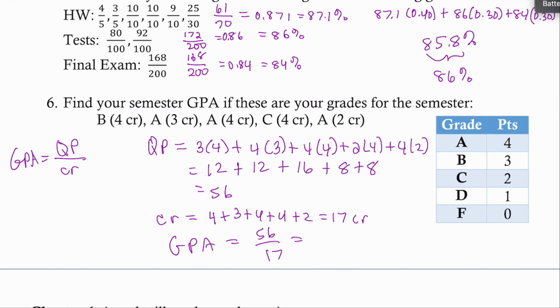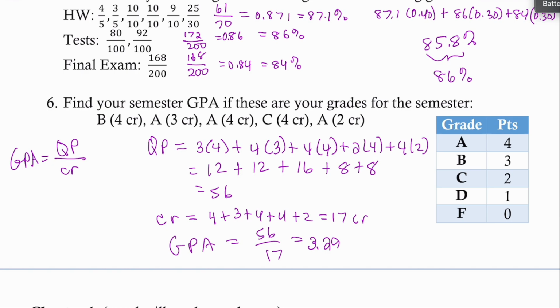Now I think the GPAs go out to 2 decimal places, so let's go 2, and that's a 3.29 GPA.